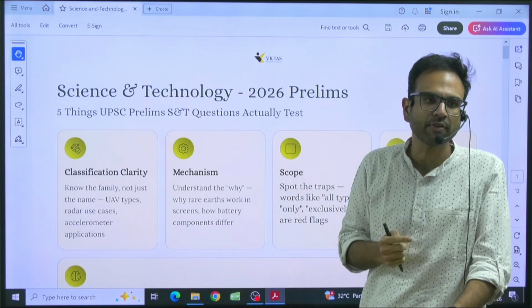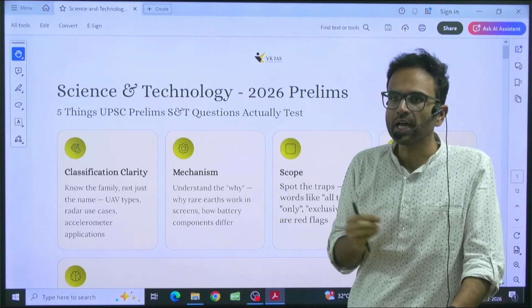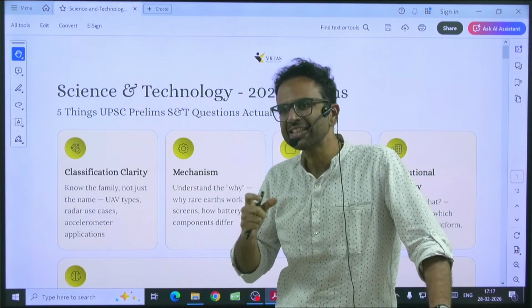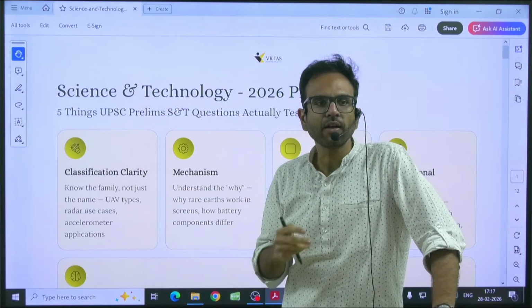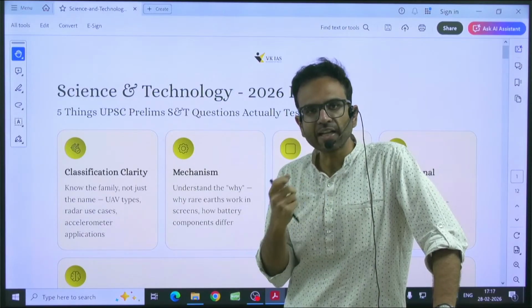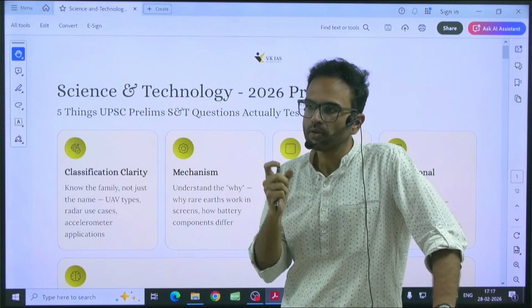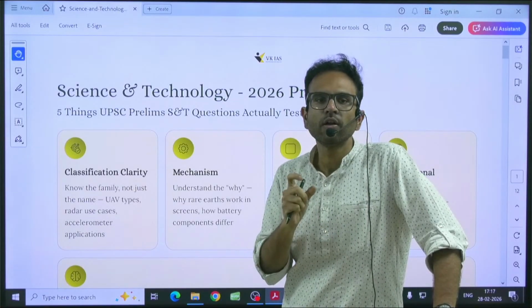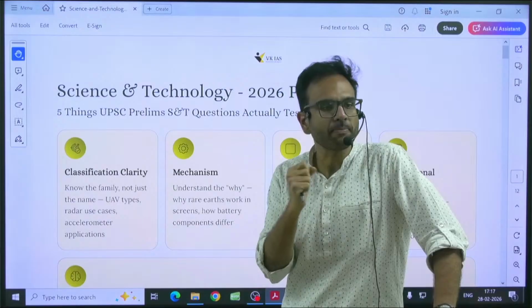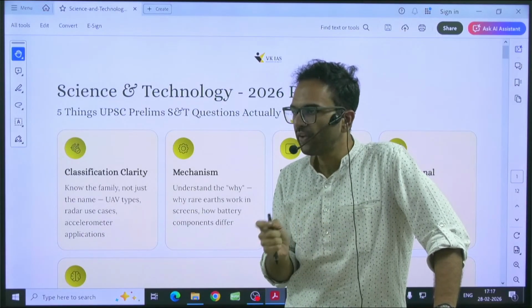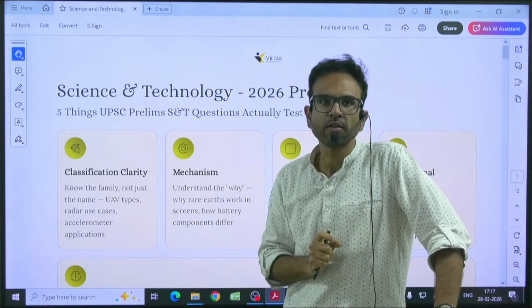In the first half, I'll be focusing on how UPSC designs questions in prelims, what the various categories of topics are that you have to check, how to derive patterns from that, and what information to focus on. This is the way in which you have to check the prelims info.